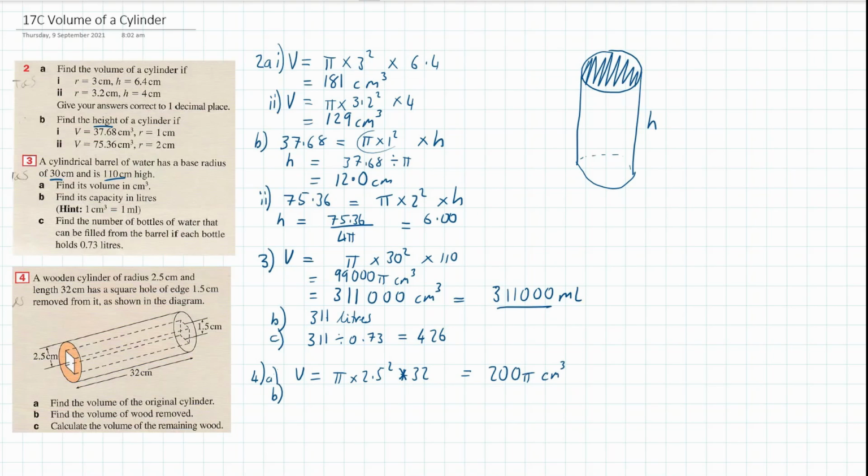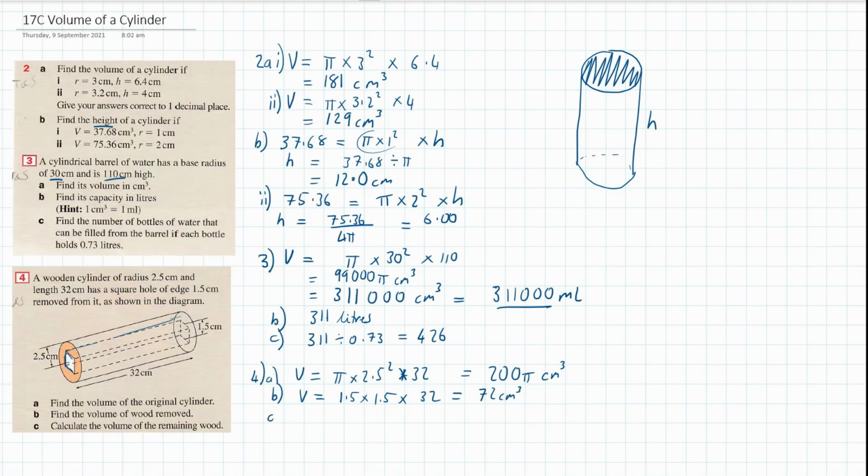Now we want to find the volume of the wood removed. You can see that this is a square hole. It's 1.5 times 1.5, but then it's a prism that goes all the way along. So the volume of the bit we've cut out is 1.5 times 1.5 for the square, times 32 for the whole length, which gives us 72 centimeters cubed.